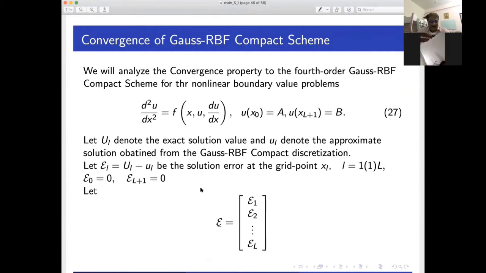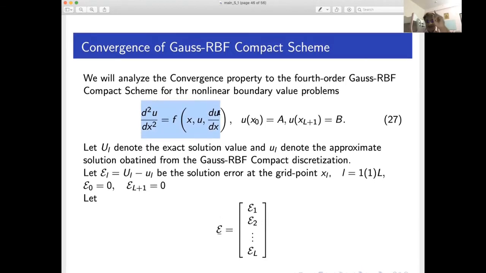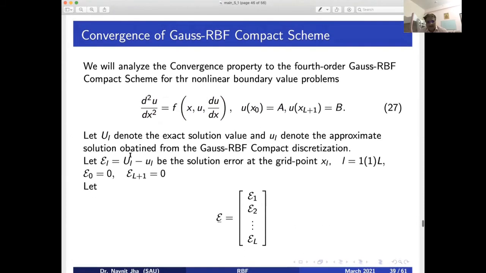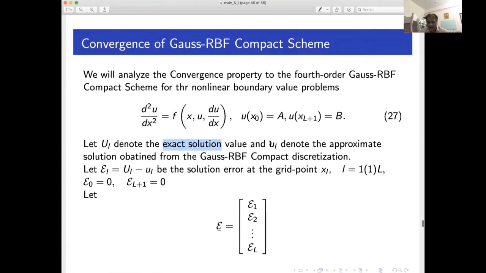So I have basically this second order nonlinear equation, convergence of nonlinear equation. I have this second order nonlinear equation along with boundary values. I am going to denote uppercase U as the exact solution value, and lowercase u will denote the approximate solution value.